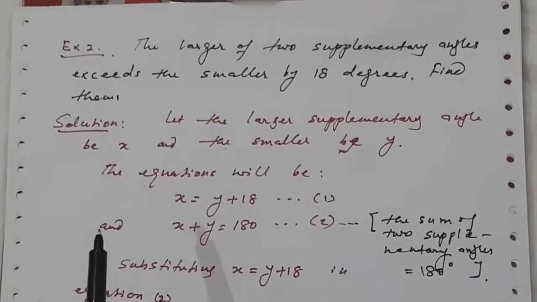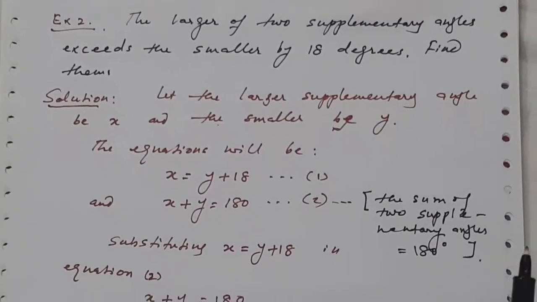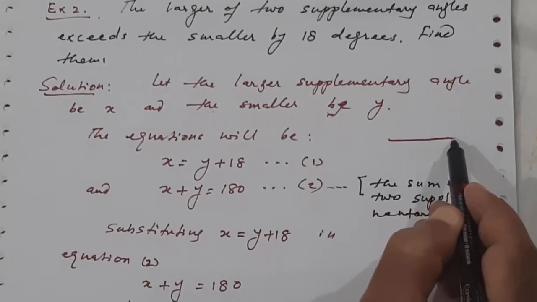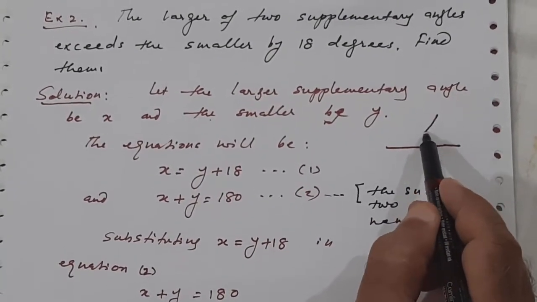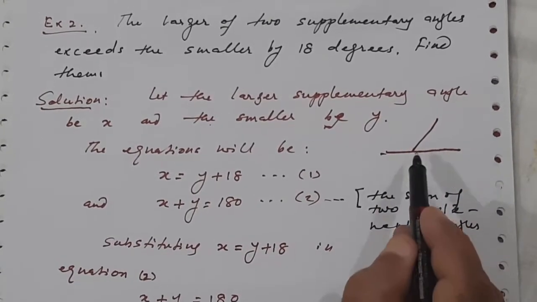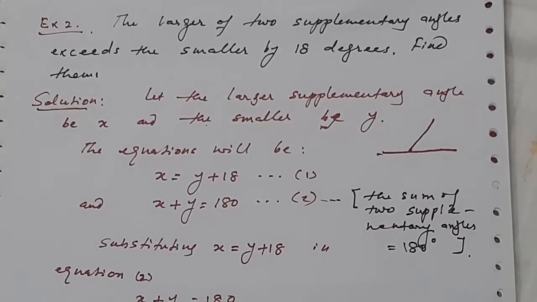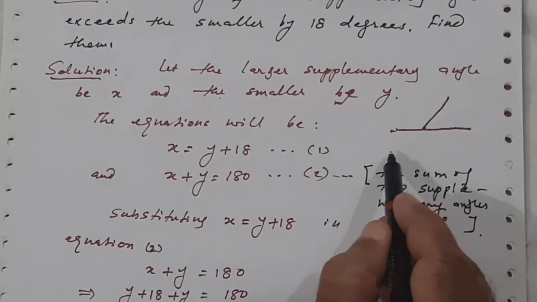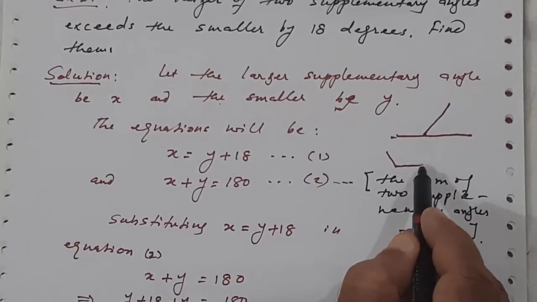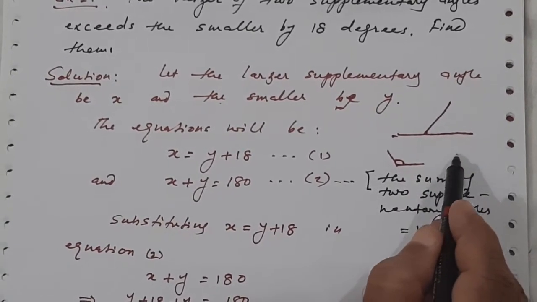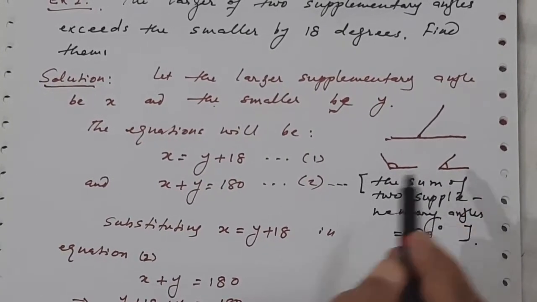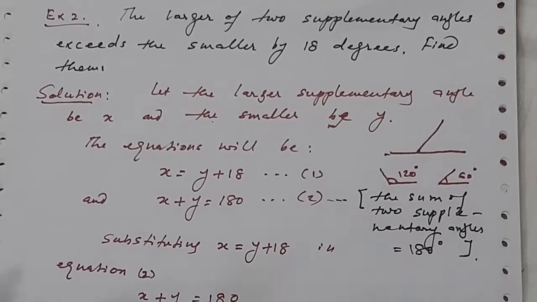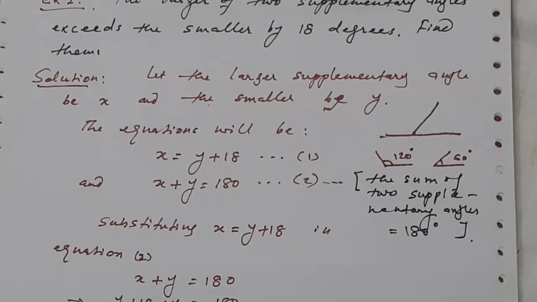Now you know the supplementary angles. Supplementary angles are linear pair angles, though they may not be a linear pair also. It can be in another way also. You can have one angle 120 and another angle 60. So this will be your supplementary angles.